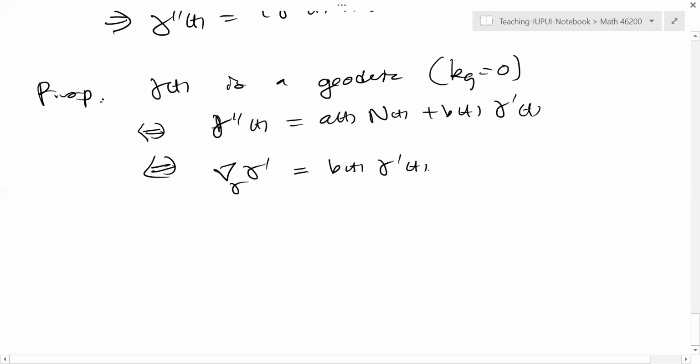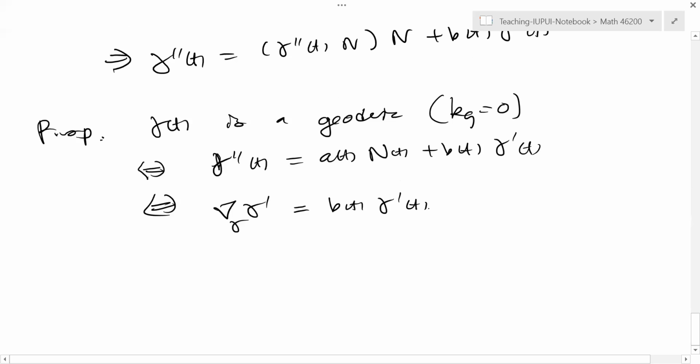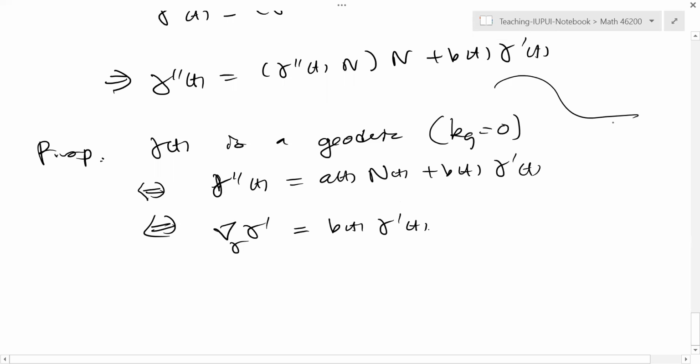So that means, in my opinion, if I wrote this book, a curve is geodesic as an object, so that should be independent of the choice of particular parameterization. So a curve, that is the image of some map, is a geodesic.